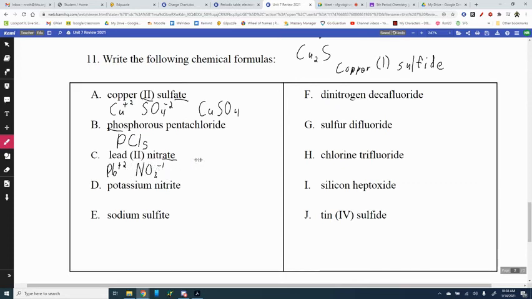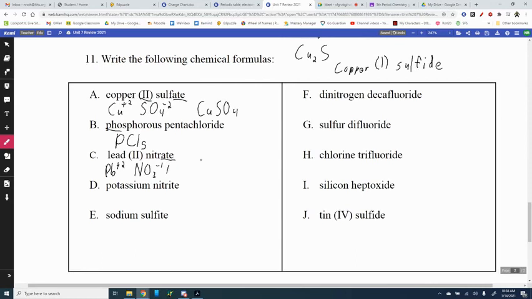So we have to add an extra NO3 -1. Now we have +2 and -2. So we're good. So to write this out, we need just 1 Pb and 2 NO3s, but here's the problem.